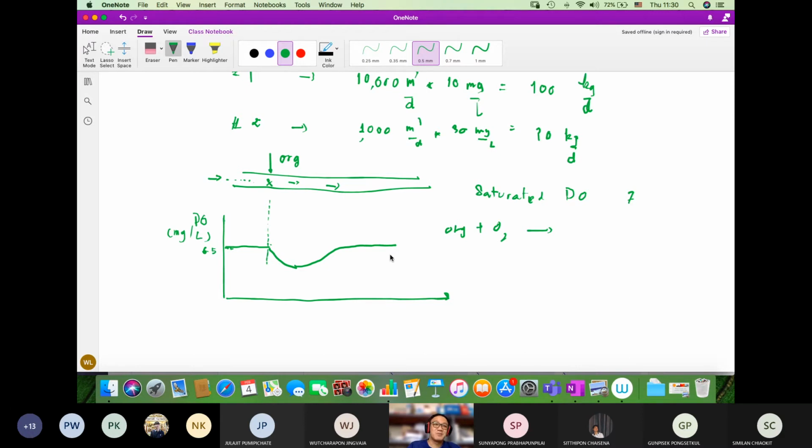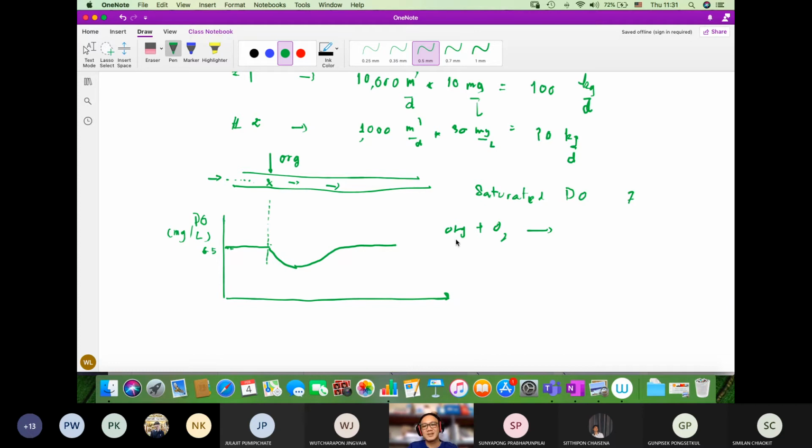According to the equilibrium principle, once the oxygen concentration in water gets lower, there's room for oxygen from the atmosphere to dissolve again. It's the natural process, which is why after some time the oxygen gets back to the original level.